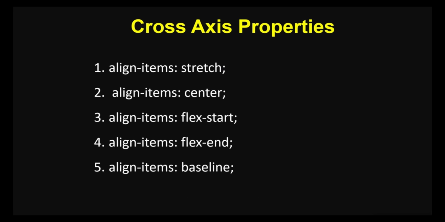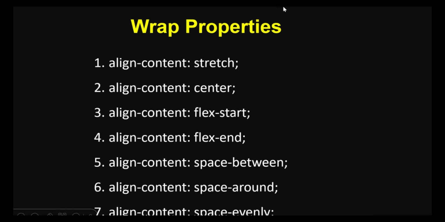Now for the cross axis, we have some properties: align items stretch, align items center, align items flex start, align items flex end, and align items baseline. These properties will be applied on the cross axis of the Flexbox items. Similarly, the wrap property is used if we have multiple rows of items.